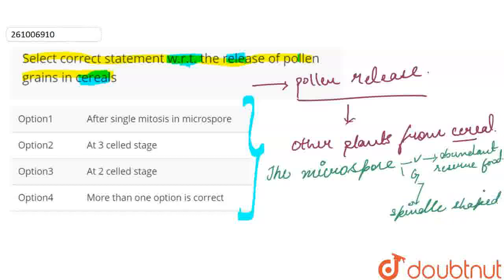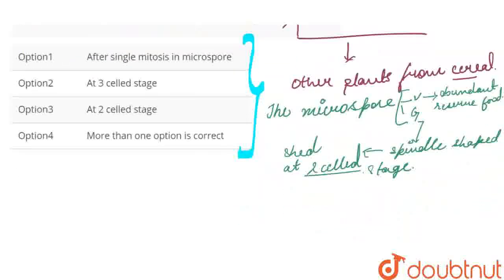And what happens is, due to this condition, the pollens are shed at the two-celled stage. In this, apart from the cereal plants, at the two-cell stage, the pollen grains are released or shed.